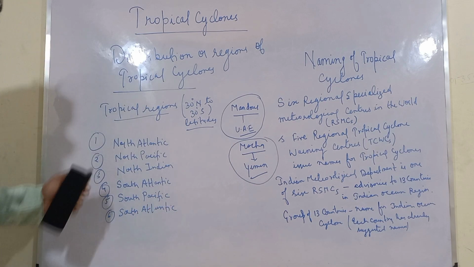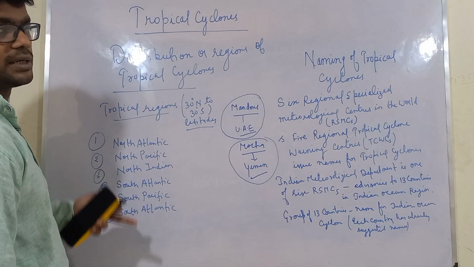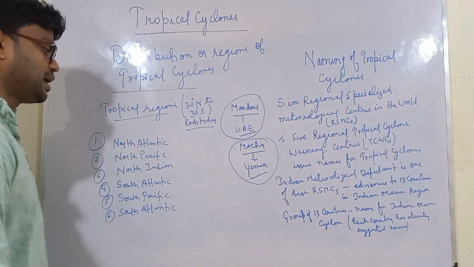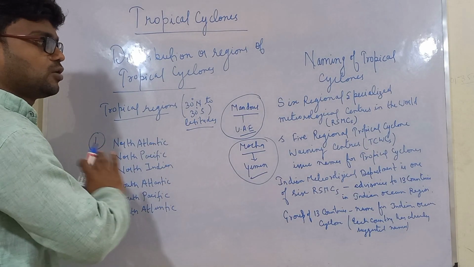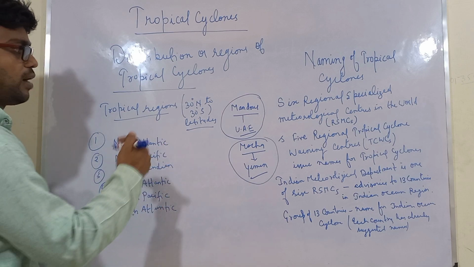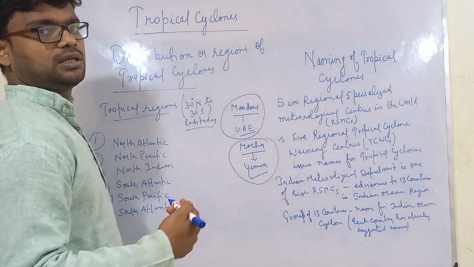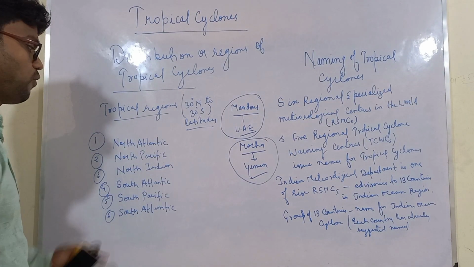Now these are the six regions. Now I am not mentioning Arctic and Antarctic. You might be understanding why I am not mentioning Arctic and Antarctic, because those regions are very cold. The sea surface temperature is very cold, and we know that we require a minimum of 27 degrees centigrade of sea surface temperature for cyclones to be formed.